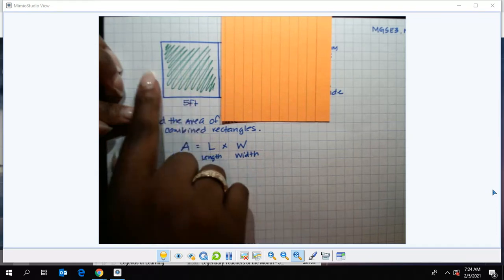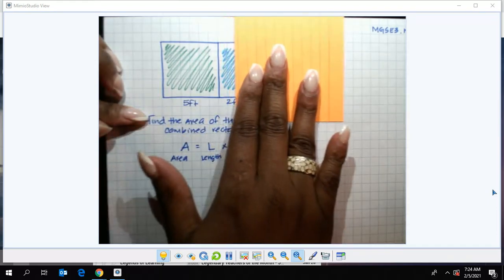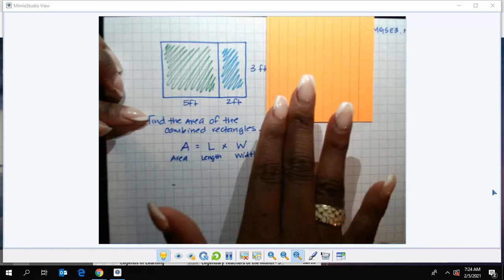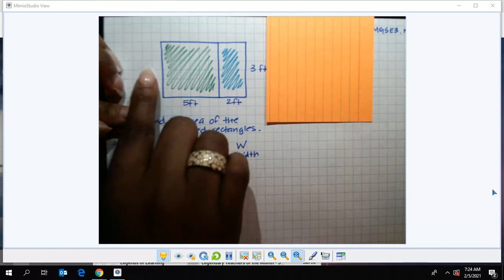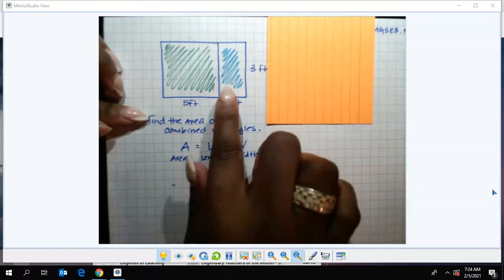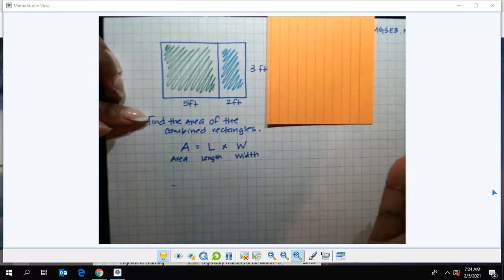So how do I find the side? Well, let's take a brief look at our other rectangle, okay? The goal right now is to find the width of the green rectangle. So we're going to look at our blue rectangle. Maybe the information is there.